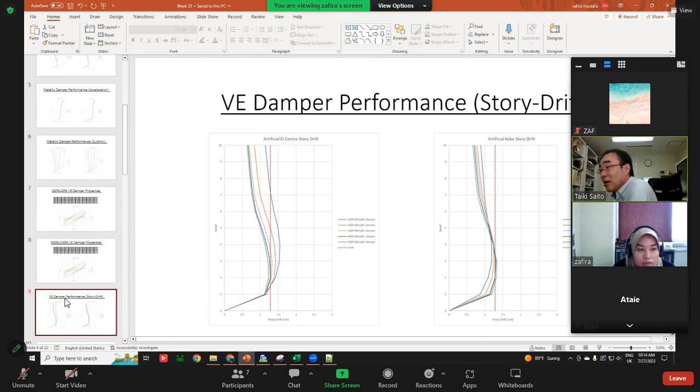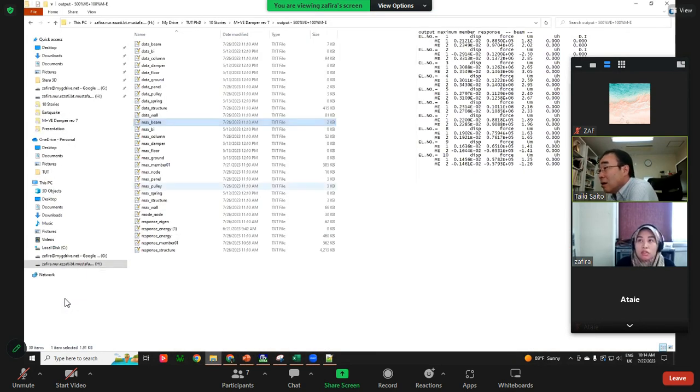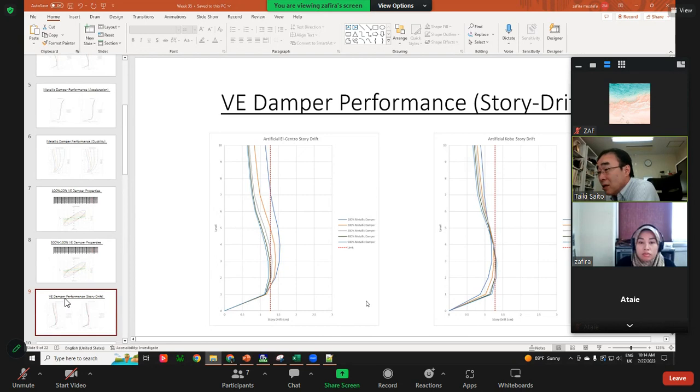But in case of El Centro, it is that. Yes, 400% viscoelastic. So this one looks okay.